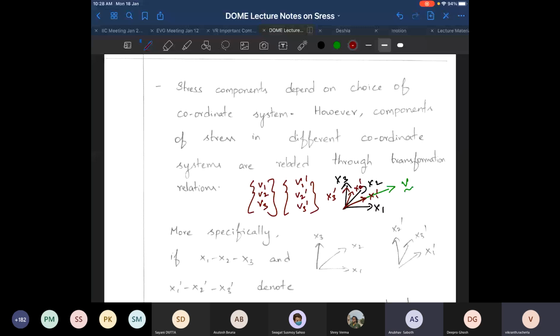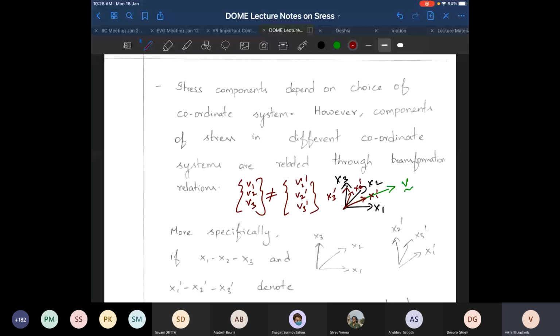Is v1, v2, v3 equal to v1 dash, v2 dash, v3 dash? No, they are not. So the components of a vector are not equal to v1 dash, v2 dash, v3 dash.